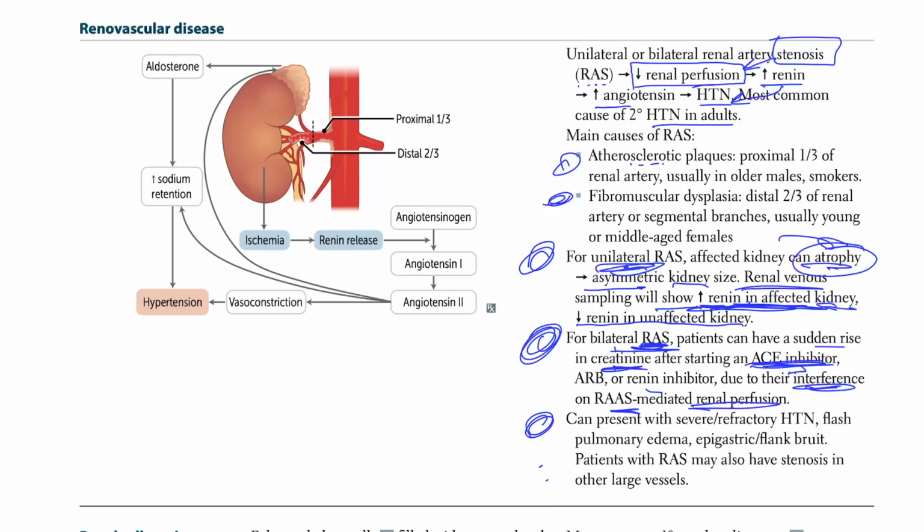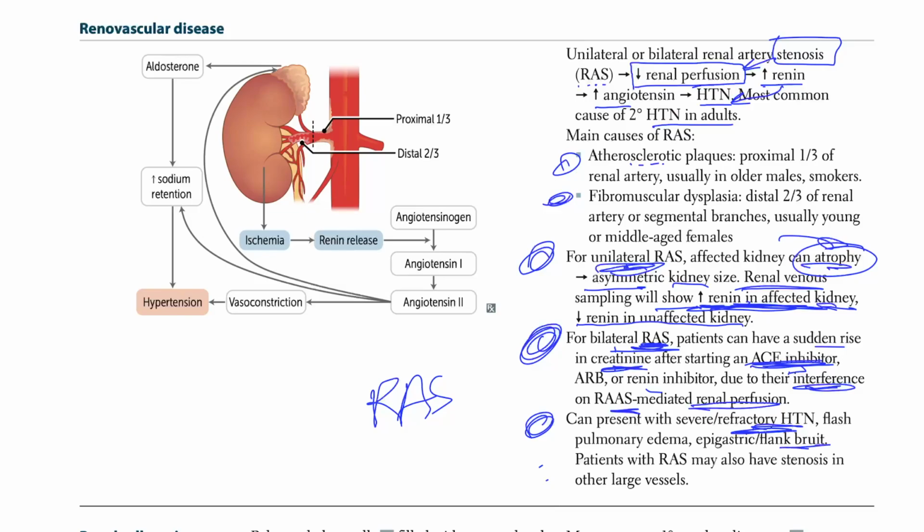Third thing, it can present with... Now, all of the renovascular disease or renal artery stenosis can present with severe refractory hypertension. Refractory hypertension, no matter what drug you're giving, there's a refractory hypertension. Flash pulmonary edema, epigastric flank bruit.